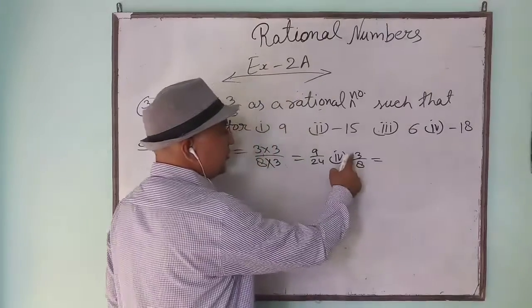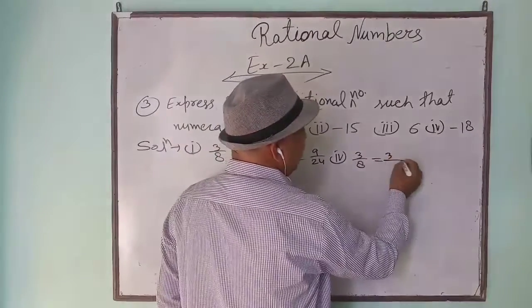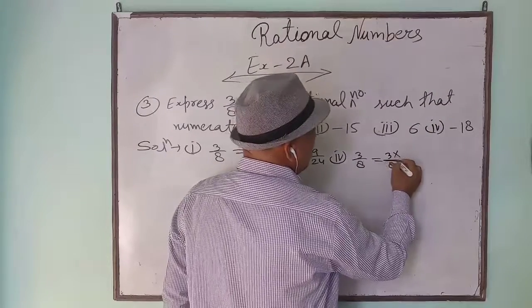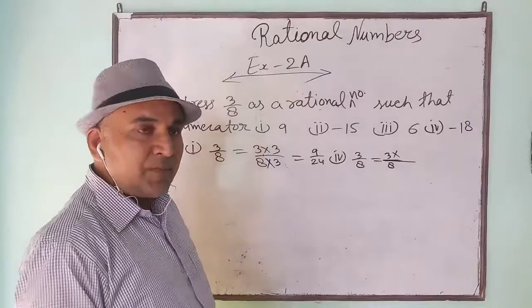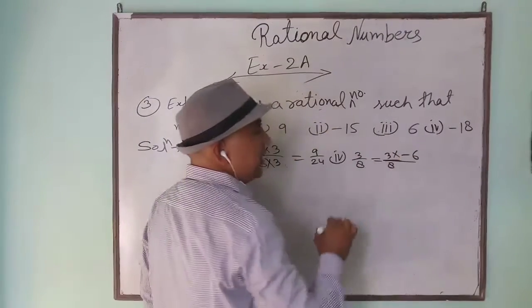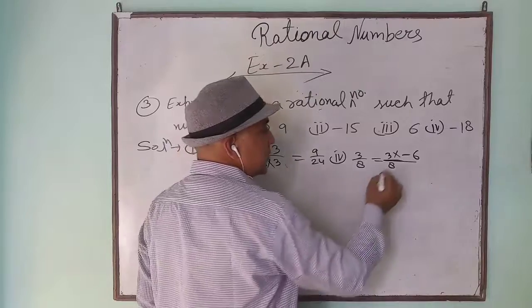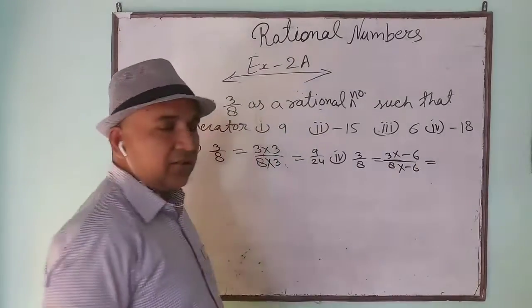Okay? Now see, the fourth part I am doing for you. Again you have to convert 3 by 8 in such a way that numerator is minus 18. So children, 3 is multiplied by 6, then it becomes 18. Since you have to bring minus 18, it will be multiplied by minus 6. And so the minus 6 is multiplied with denominator also.